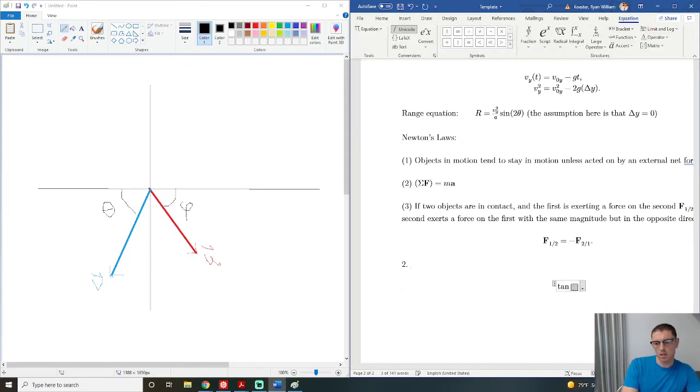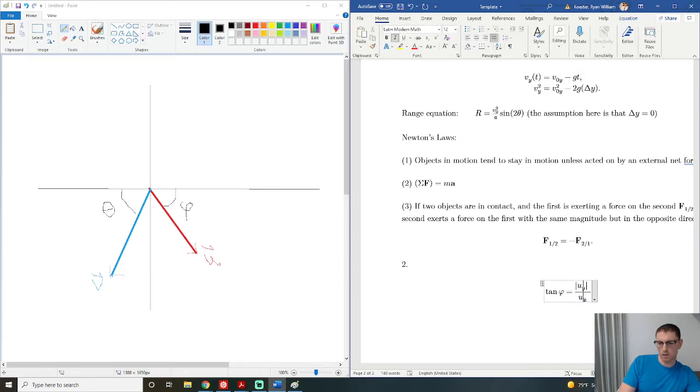I would write tangent of phi for U, right, is just going to be opposite over adjacent. So in this case, it's just U sub y over U sub x. And maybe what I'll do is I'll put these in absolute value bars because I want to stress that we should focus on the positive values here.